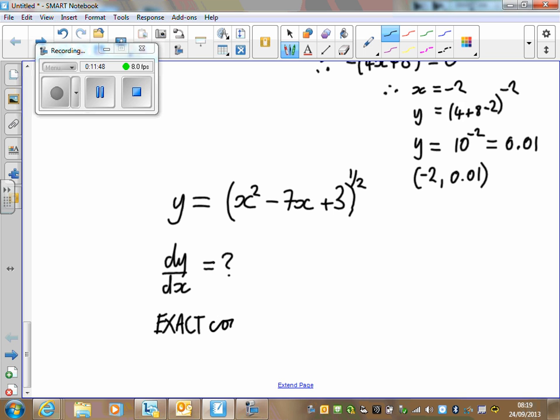I want you to find dy/dx and the exact coordinates of the stationary point, by following through the method. Differentiate this something. Here we've got the something to the half. Bring the power down.